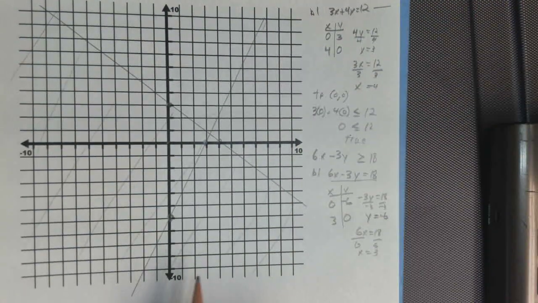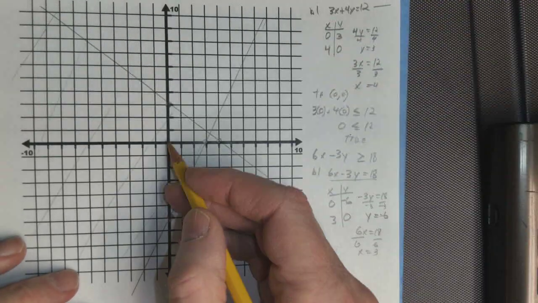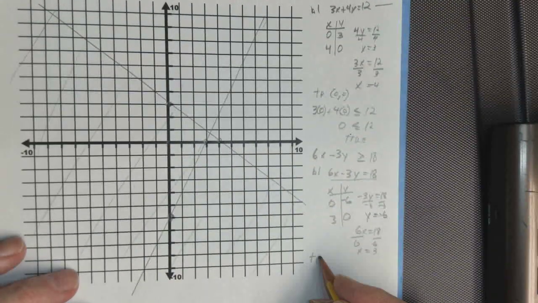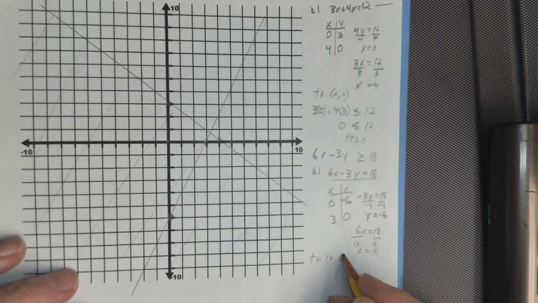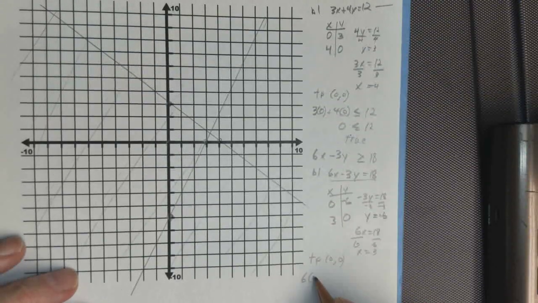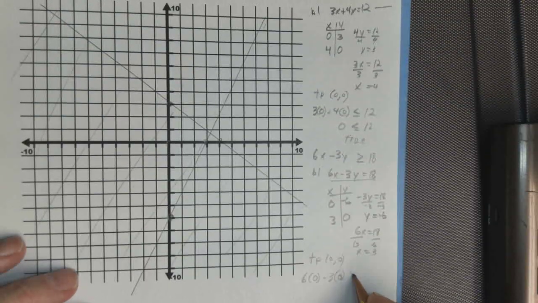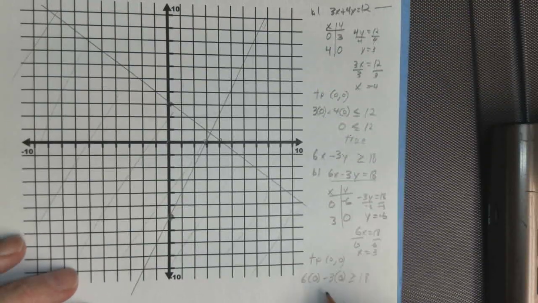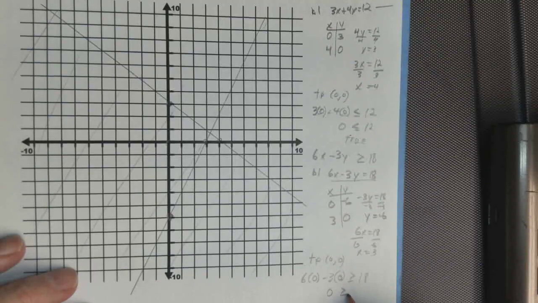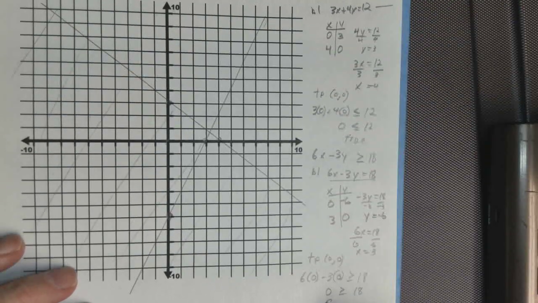Okay, now test point, 0, 0 is not on it, so I'm going to use 0, 0. Is 6 times 0 minus 3 times 0 greater than or equal to 18? Is 0 greater than or equal to 18? The answer is no. That is false.